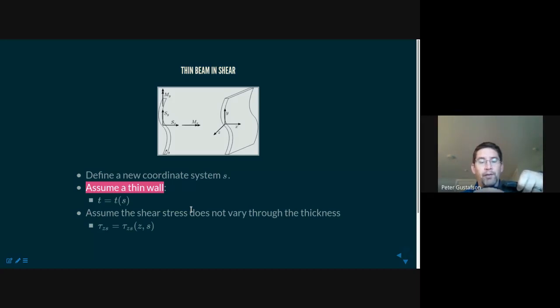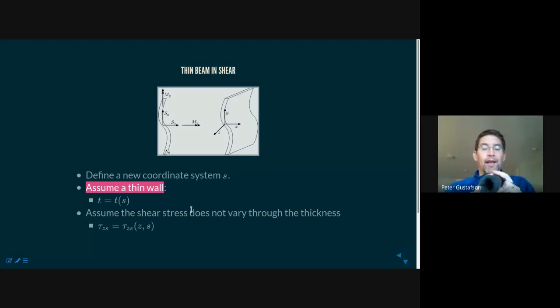Therefore, we can't have much of a stress gradient in that direction. And consequently, we're going to find that the shear stress is going to be relatively constant through the thickness, and we will in fact assume that to be the case. So we're going to have a constant shear stress through the thickness from the inside surface to the outside surface.